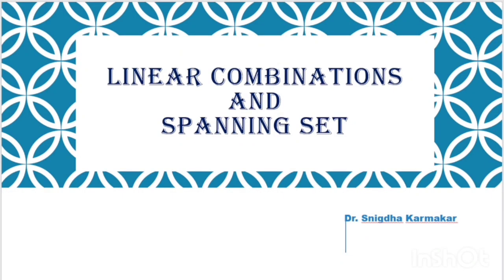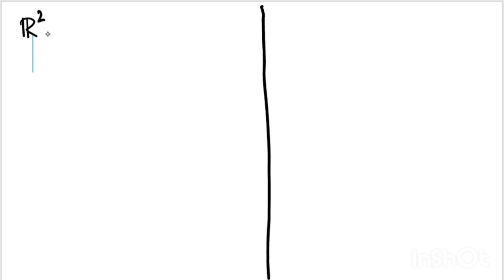Today we are diving into two super important concepts of linear algebra, which are linear combinations and spanning set. So let's first start with the linear combinations. For example, I am taking two vectors from R2 and naming those vectors as alpha and beta.